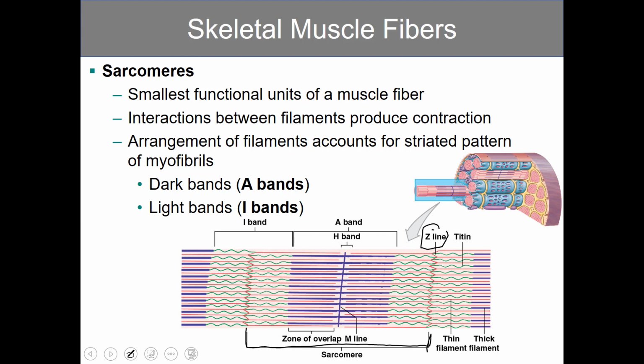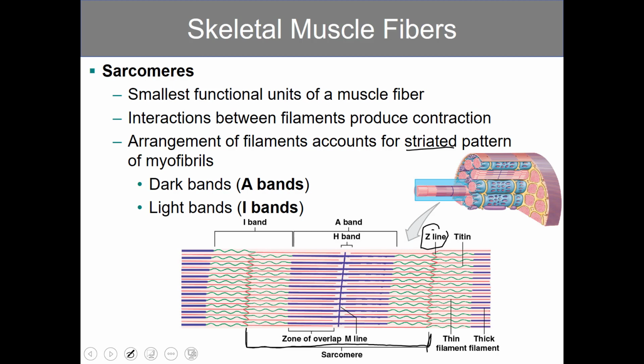So interactions between the filaments within these sarcomeres, the thin filaments and the thick filaments, are going to produce contractions. And it's the arrangement of these thin and thick filaments which give rise to the striated pattern of the skeletal muscle fiber.